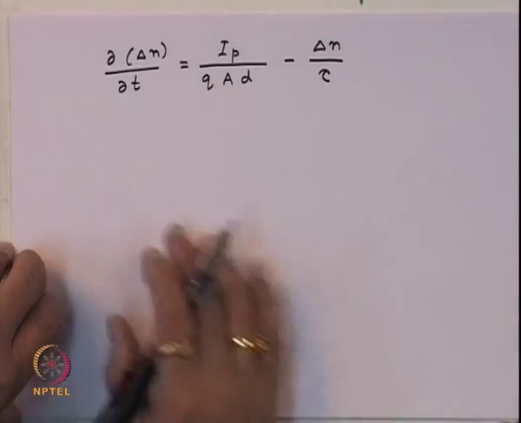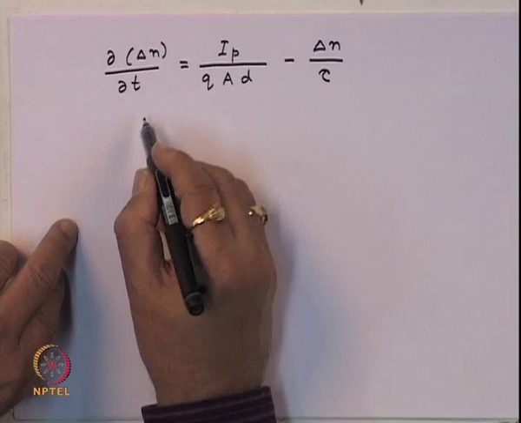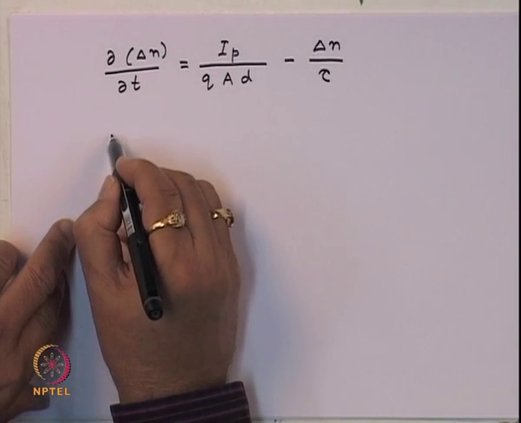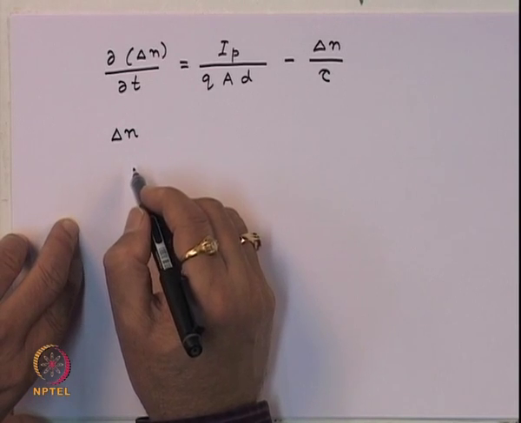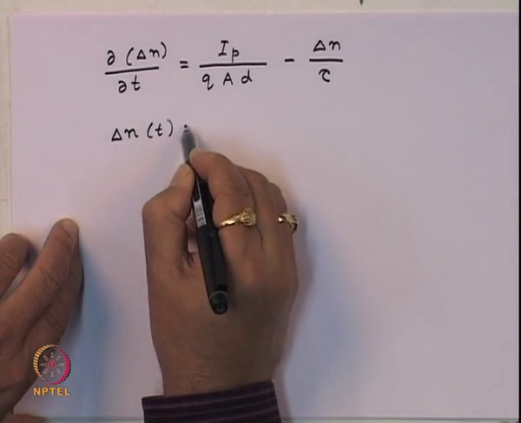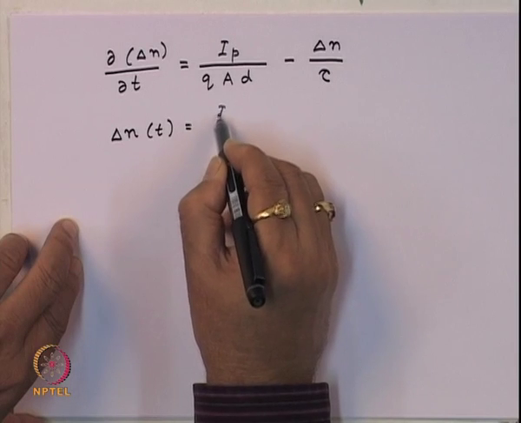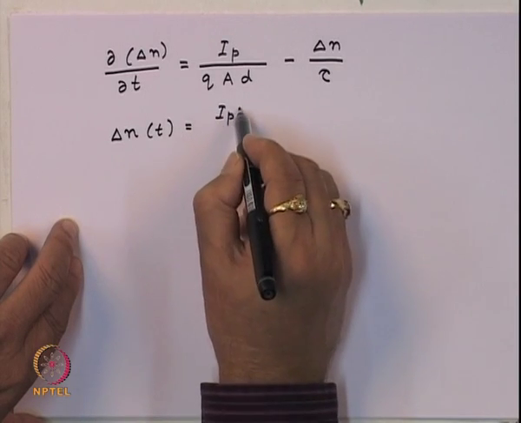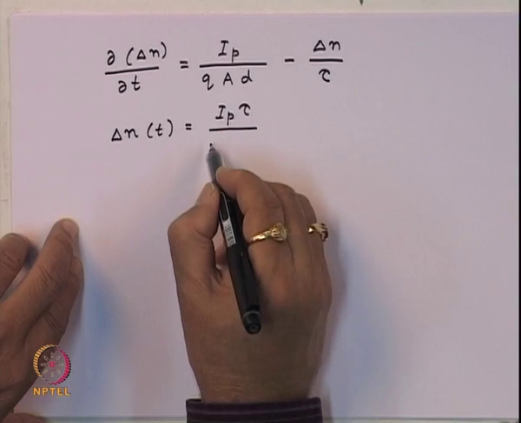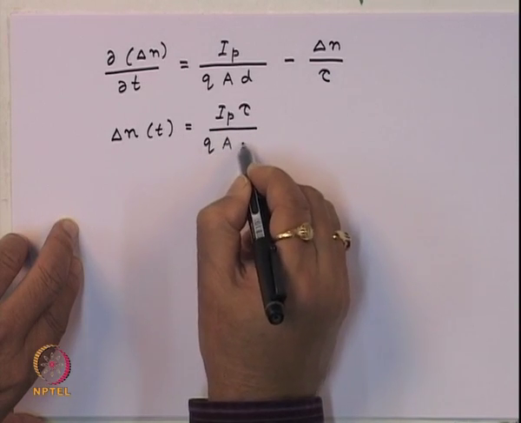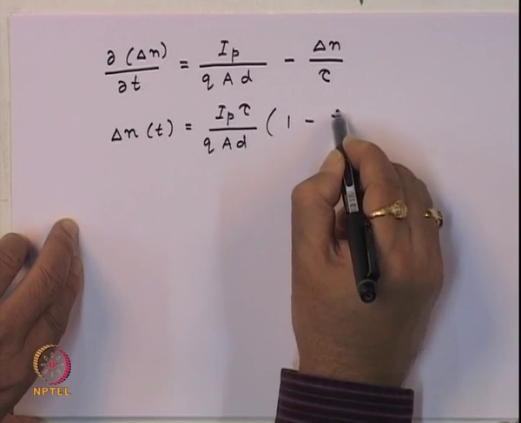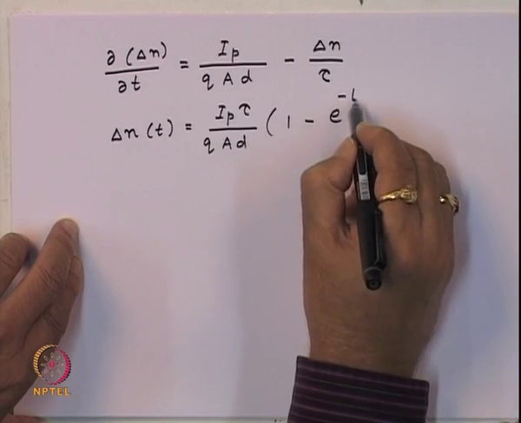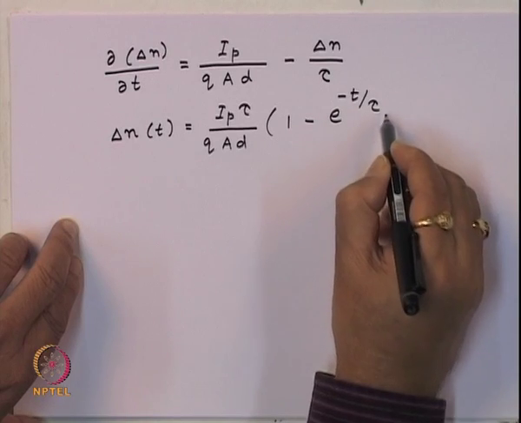Now, this equation can be solved very simply. The solution, n as a function of time, can be given as IP tau divided by Q A d into 1 minus e to the power minus t divided by tau.